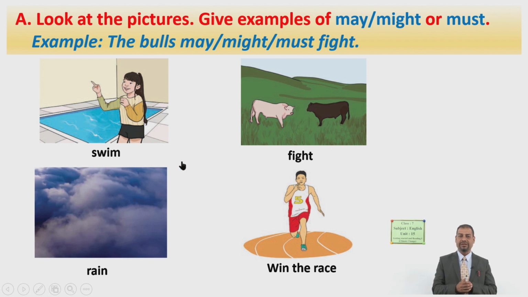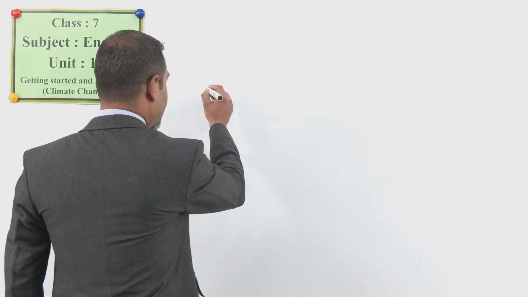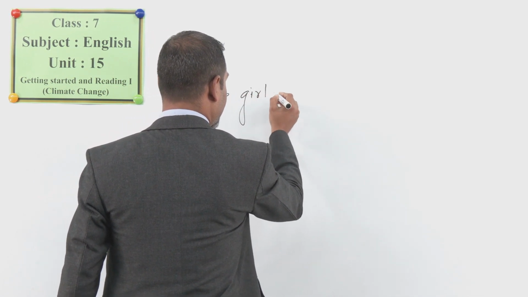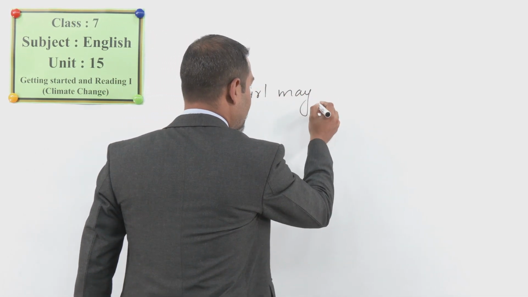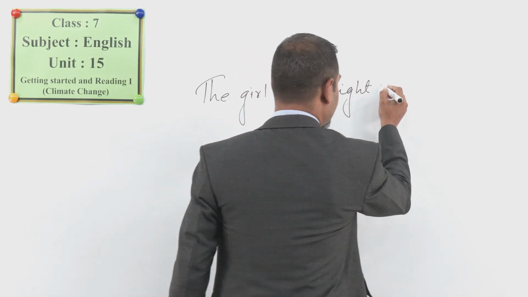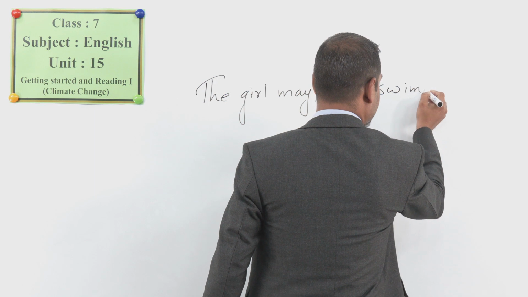Now can you tell me whether the girl will surely swim in the pool or not? So you have to express. So what is it? You can tell me now. The girl, G-I-R-L girl, may or might, M-I-G-H-T, might swim, S-W-I-M, swim.